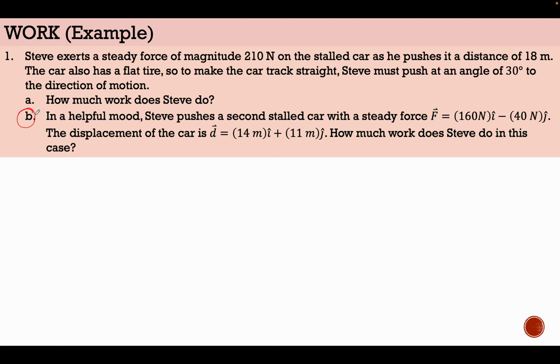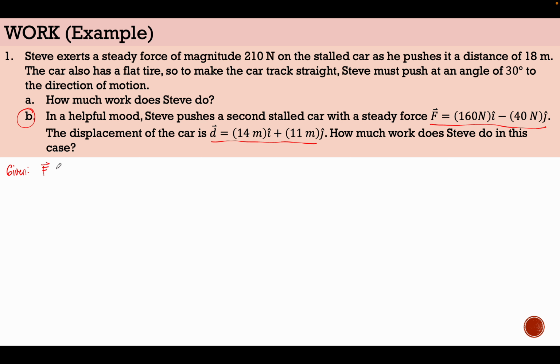For letter B, it is another situation. In a helpful mood, Steve pushes a second stalled car with a steady force. Notice that our force as well as our displacement are both vector quantities. Let's write the given first.